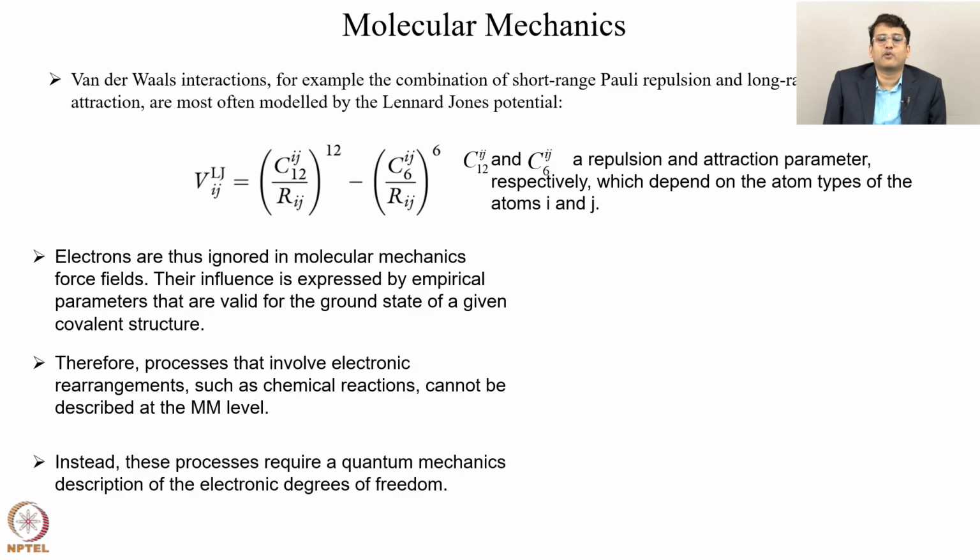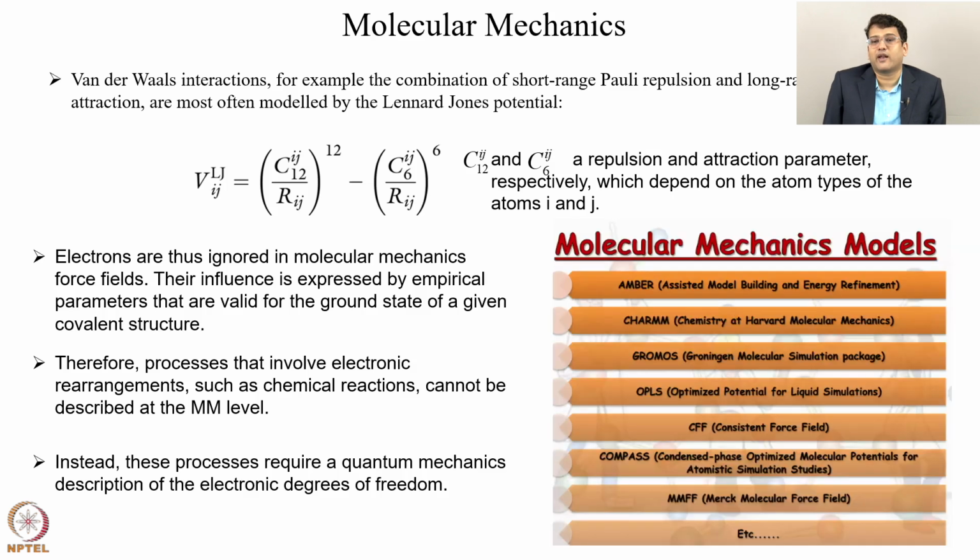Instead, such processes require a quantum mechanical description of the electronic degrees of freedom. So, molecular mechanics can describe structure, vibration, other things, but not actually chemical reactions, because chemical reactions involve electrons and electrons are quantum mechanical particles.